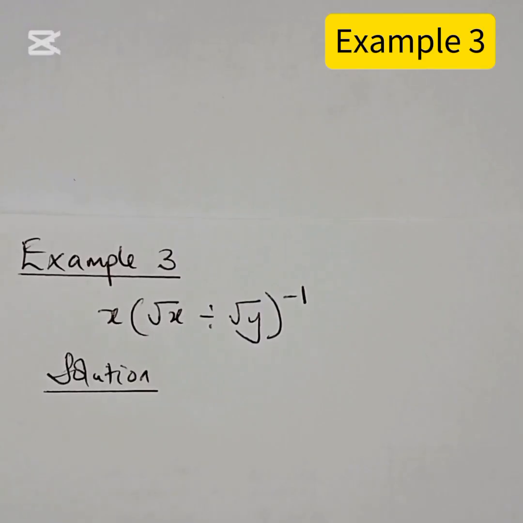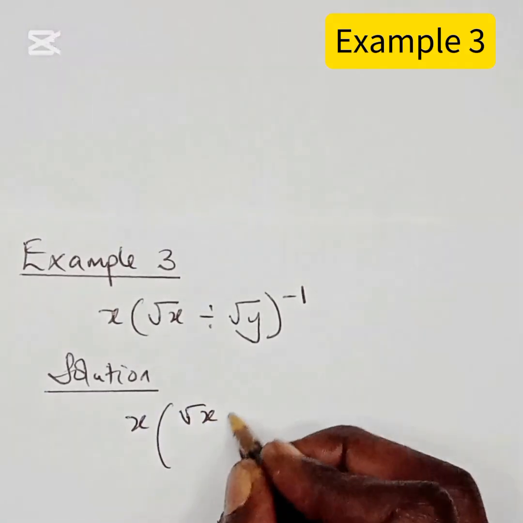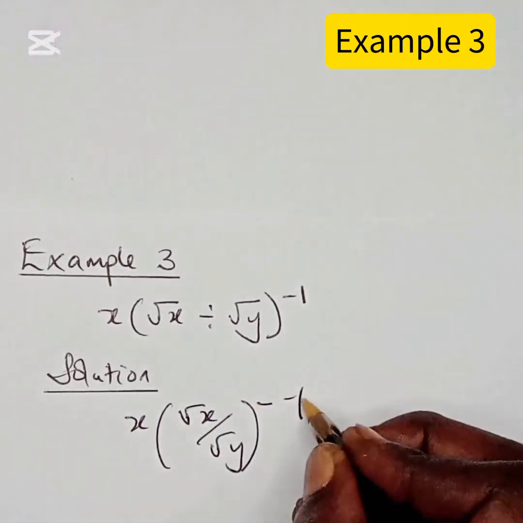Again, on example 3, we need to rationalize the denominator. All right, now let's start by rewriting this expression. We're going to have x, that's multiplying root x divided by root y, and this is to the power minus 1.